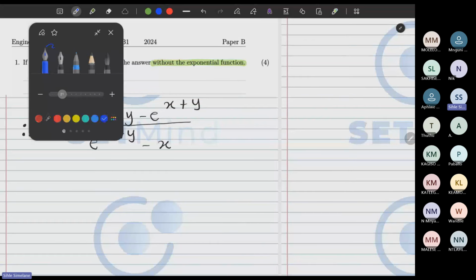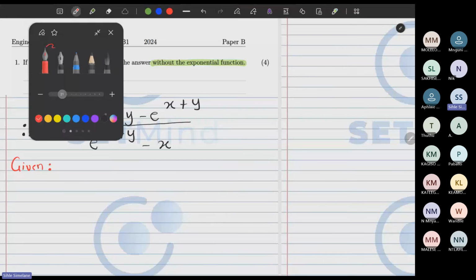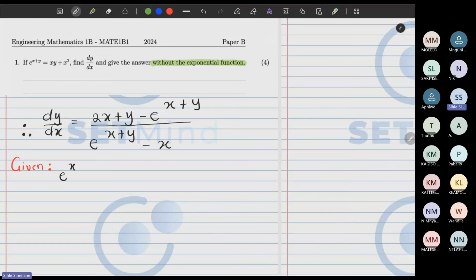Look at what we are given as our expression. What we are given is that we can take e^(x+y) and replace it with xy + x². So I can go to dy/dx, and wherever I see e^(x+y), I'm going to replace it with that.